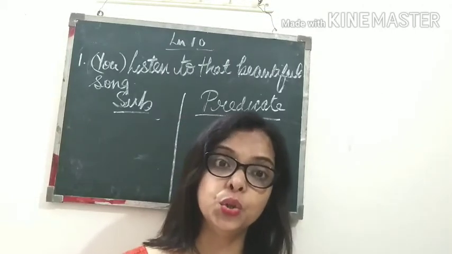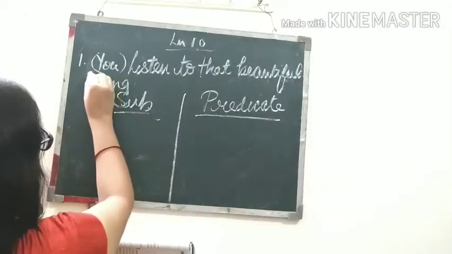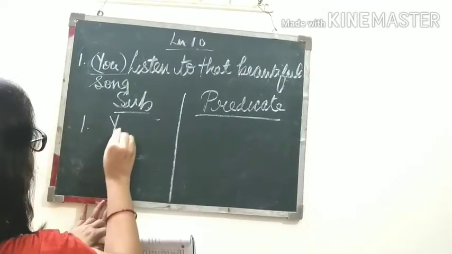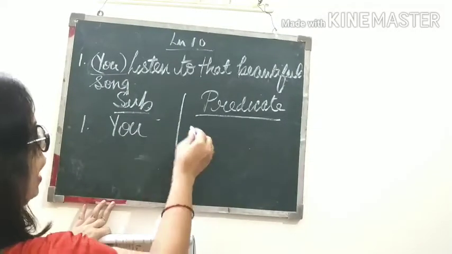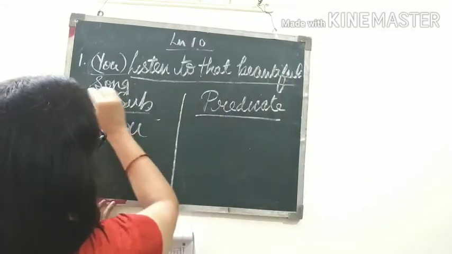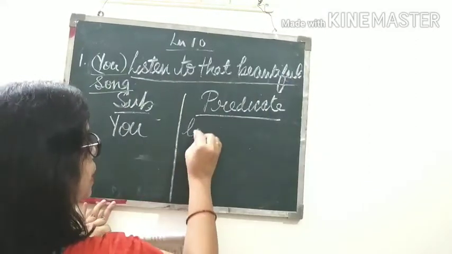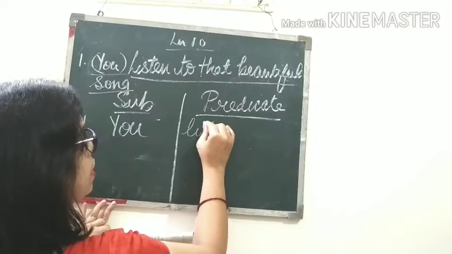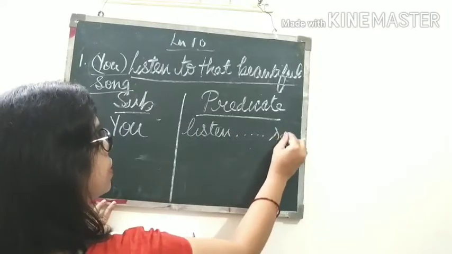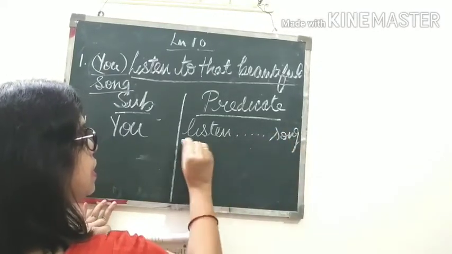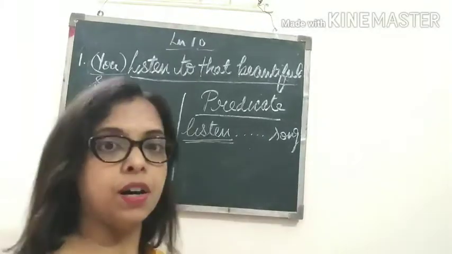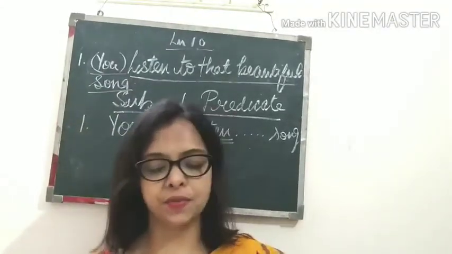The subject is you. So here, first one you will write you, and listen to that beautiful song will come in the predicate part. Here see, it is the verb coming in the predicate.